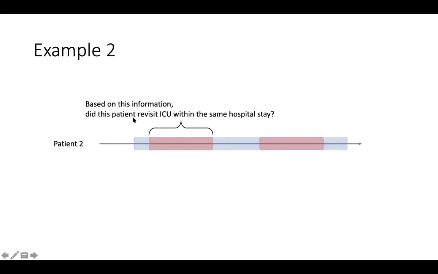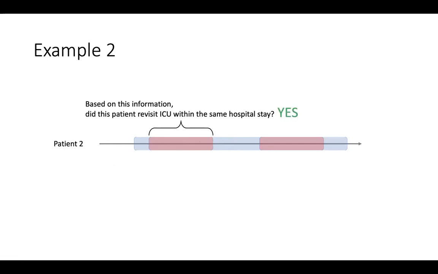How about this one? Based on this, did this patient revisit the ICU within the same hospital stay? In this case, we are going to feed this red information to the model, and then predict whether the patient visited the ICU again within the same hospital stay, within the same blue strip. In this case, of course, the answer is yes.